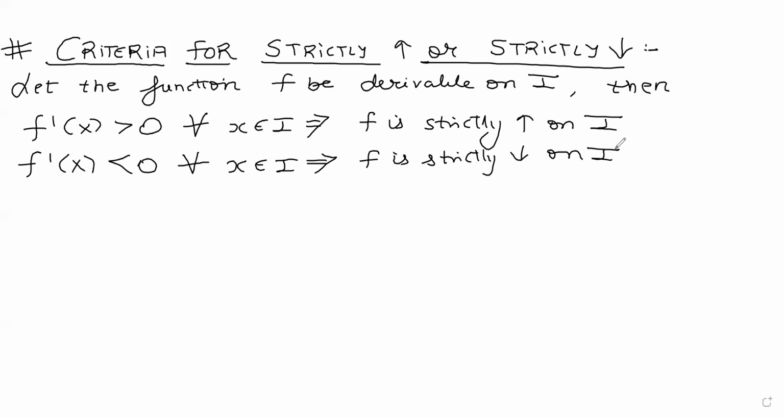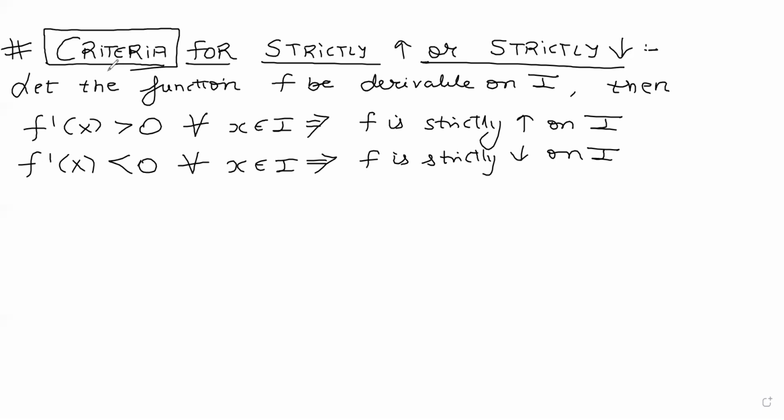So in my lectures on single variable optimization, students should know the difference between the definition of a concept and its criteria. If I ask you to define strictly increasing or decreasing function, you will refer to the definition I have taught you. But if a question asks you to show whether a function is strictly increasing or decreasing, you will show it by using this criteria, which you can see on your screens.